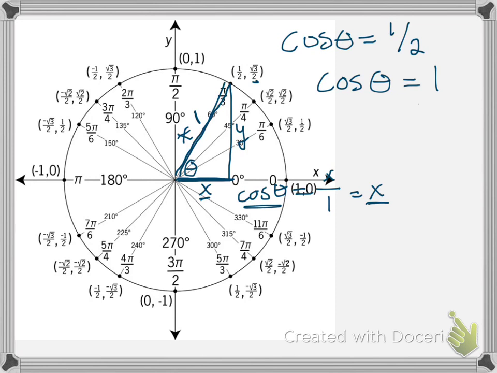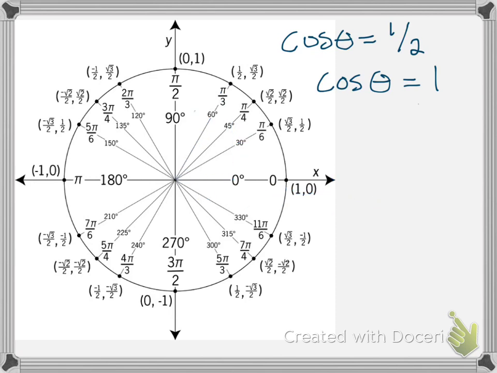Now for our problem here, let's go ahead and erase this stuff. We care about the interval from negative 2 pi to 0.